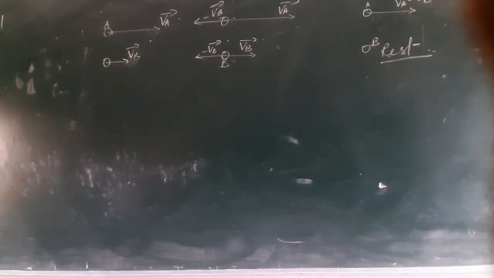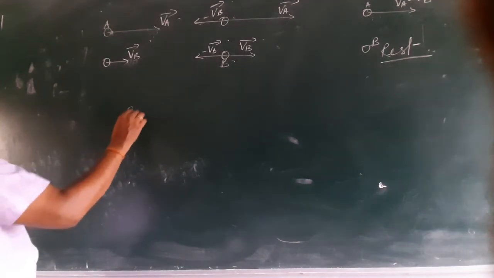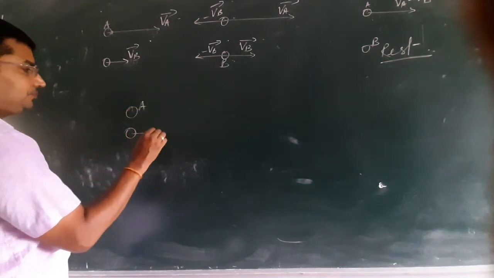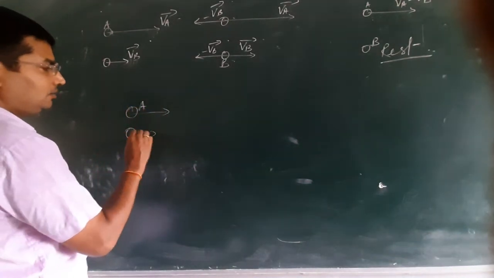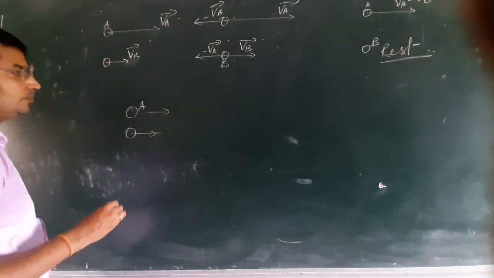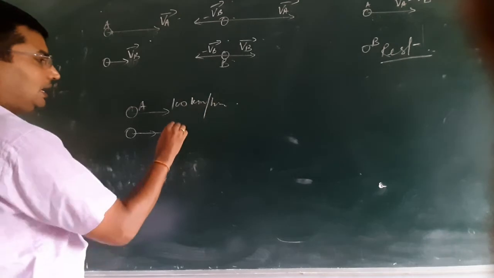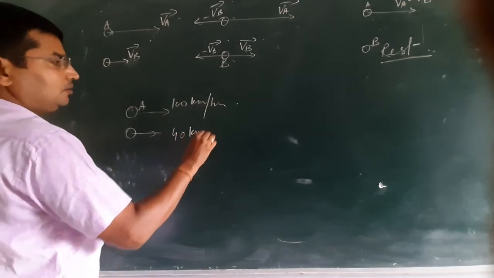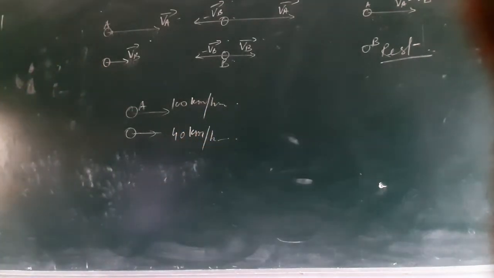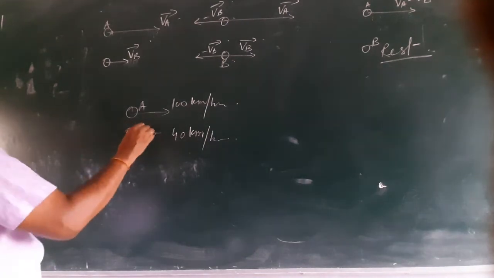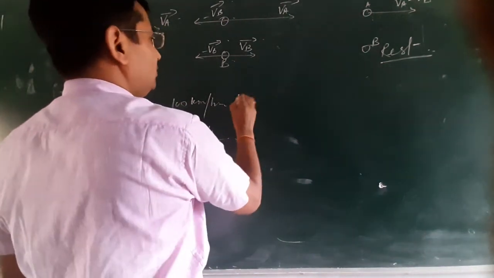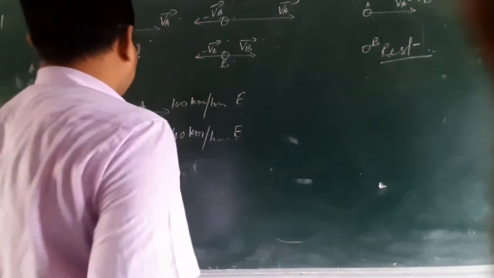I am giving you a numerical problem. Suppose two objects A and B are moving in the east direction with velocities 100 km per hour and 40 km per hour. What will be the relative velocity of A with respect to B? This is east, this is also east.